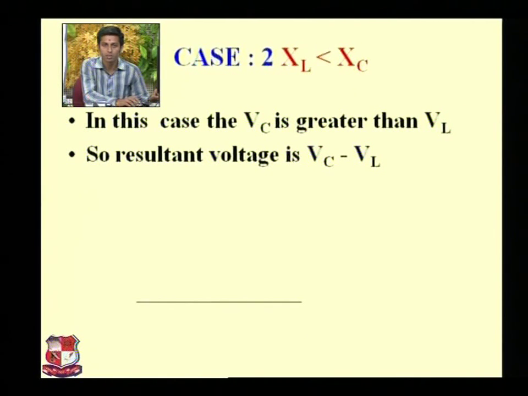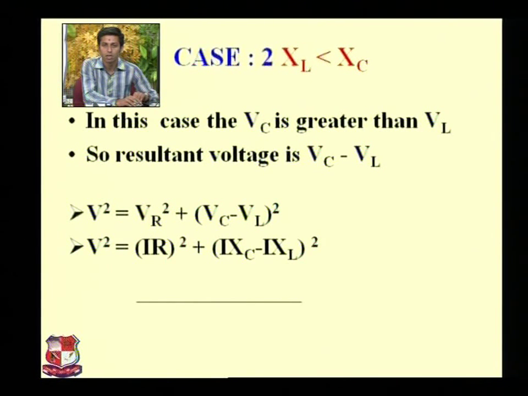Same as the previous case, we go with the equation V square equals VR square plus (VC minus VL) square. Obviously the capacitive voltage is larger, so we subtract the inductive voltage from the capacitive voltage. Now put in the values: VR is I into R, the value of VC is I into XC and VL is I into XL, bracket raised to square.